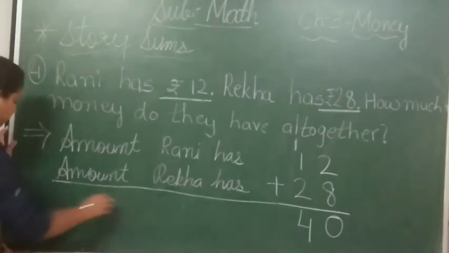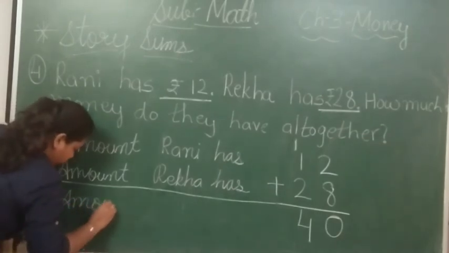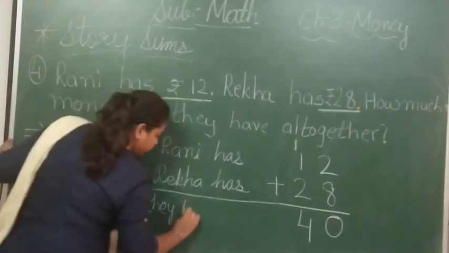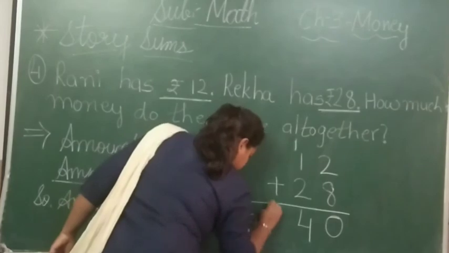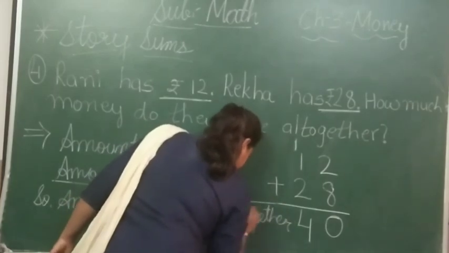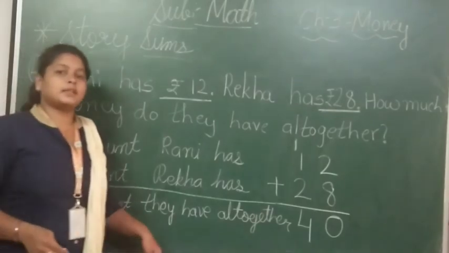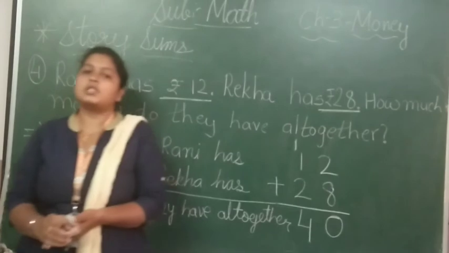What will we write here? So the amount they have all together. So हमारा total answer क्या आया? That is rupees 40.